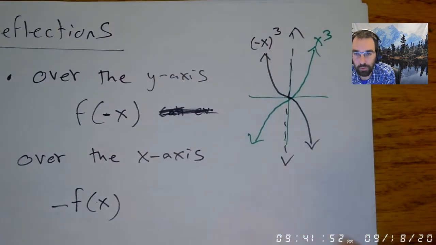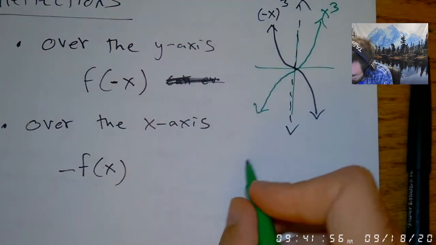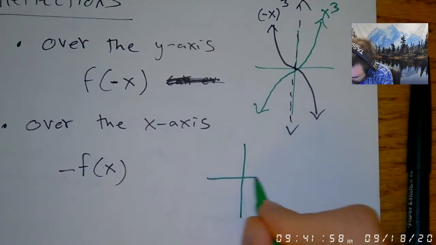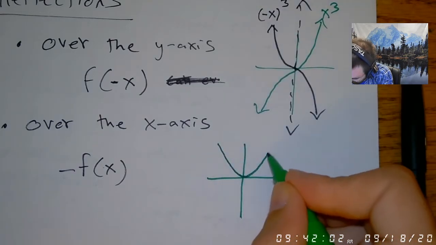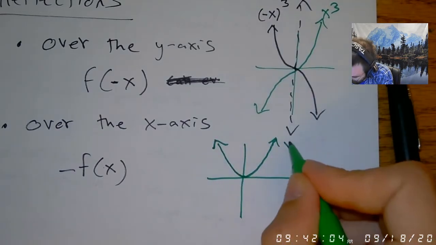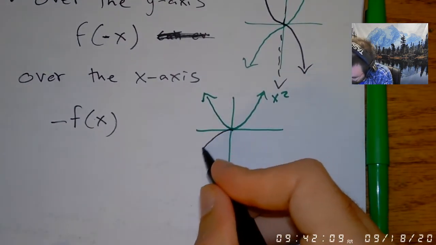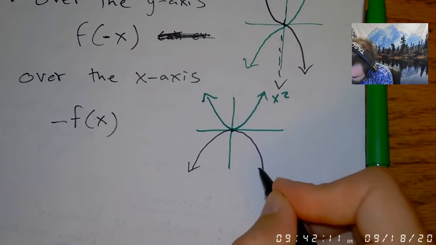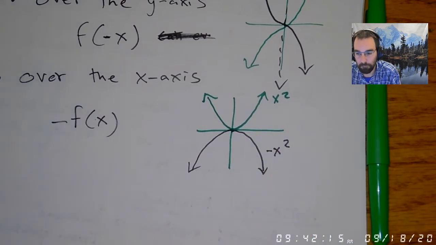And then the next one, I have x squared, and then I have negative x squared. Okay, so those are examples of that.